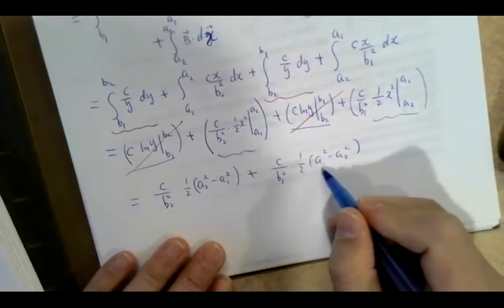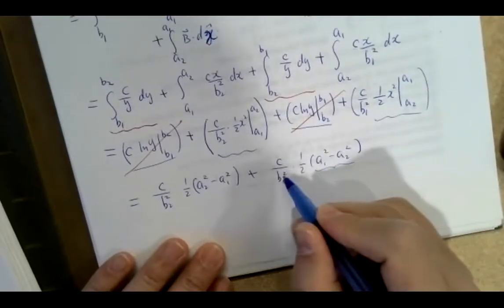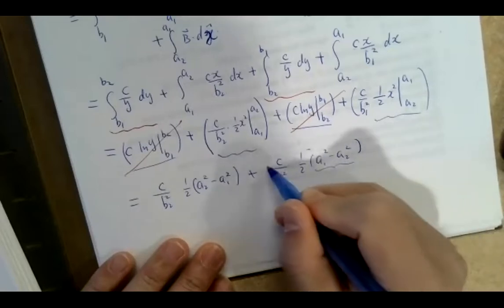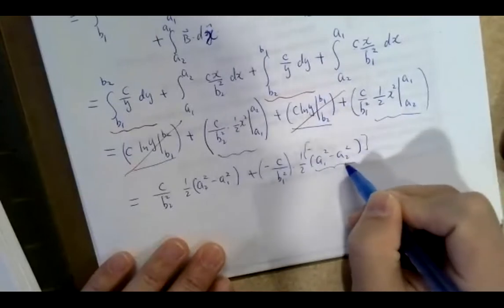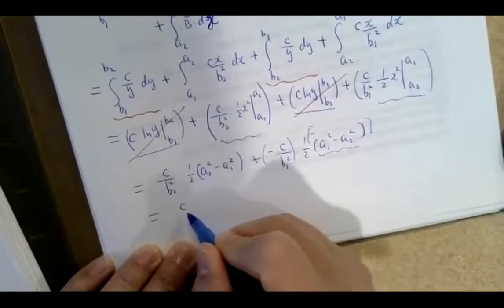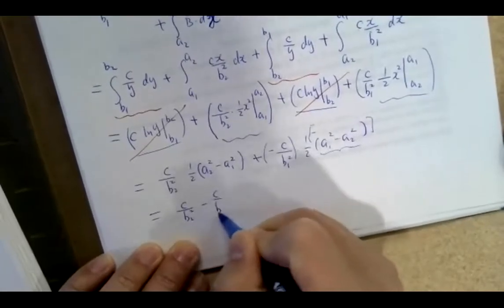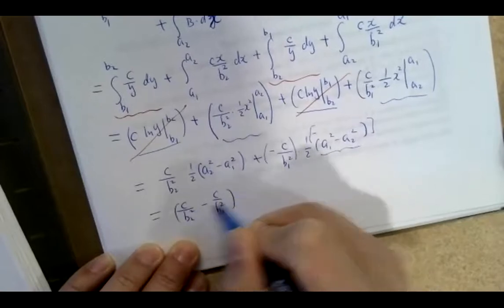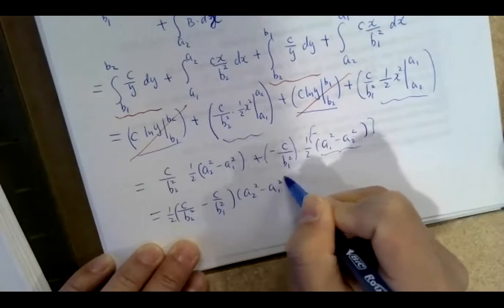Okay, so you can make this as like negative. So negative of this one and then negative of this one, right? You can put the two negatives there. So then this is the same as that one. So then you'll have C over B2 square minus C over B1 square. And then there's 1/2 times A2 square minus A1 square.